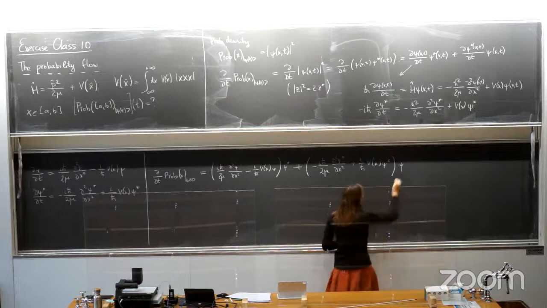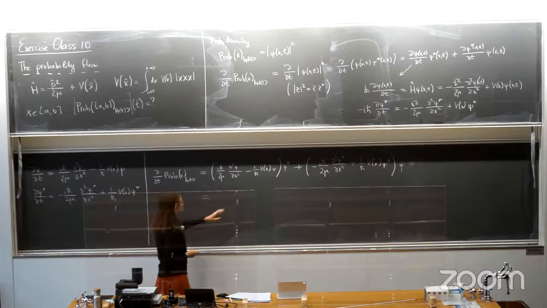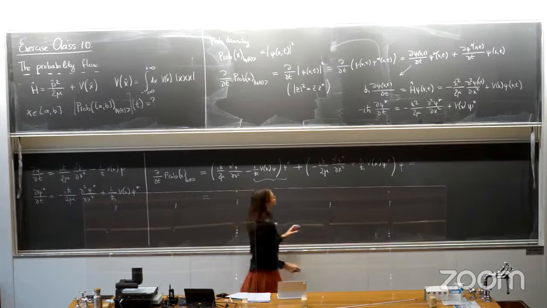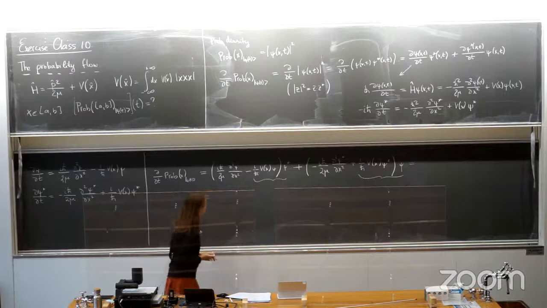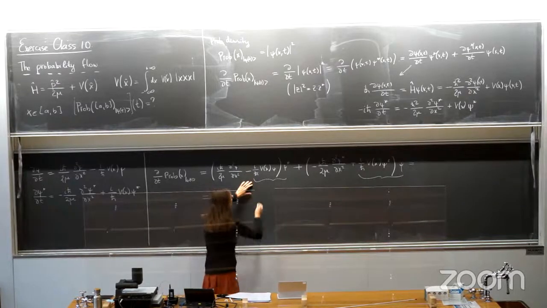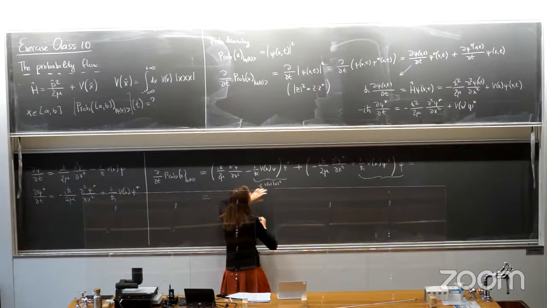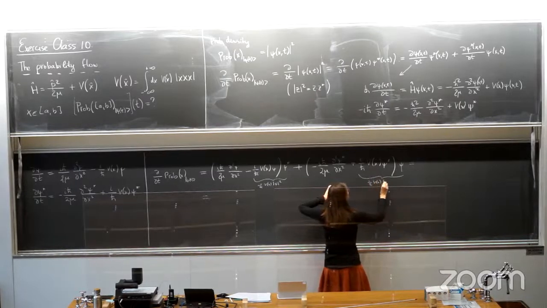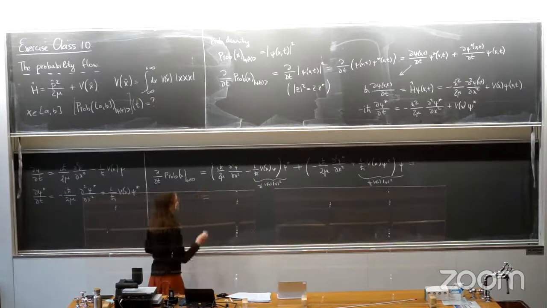So we can massage this equation a bit. What we see here is, for example, this term and this term cancel out, because basically what we have here is i over ħ V(x) modulus ψ squared, and here we have the same thing. So we are only left with the first term in each bracket.